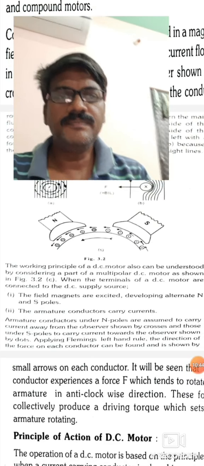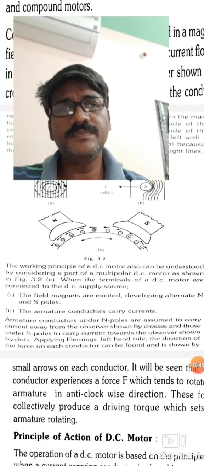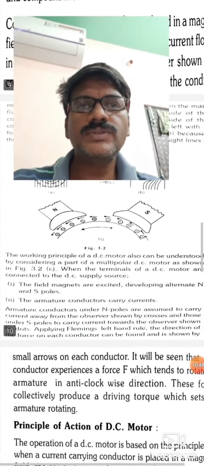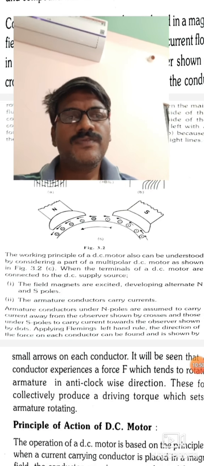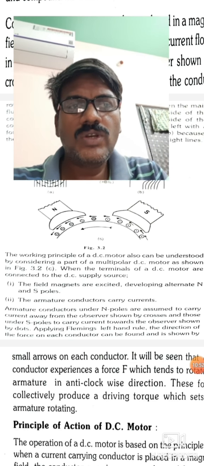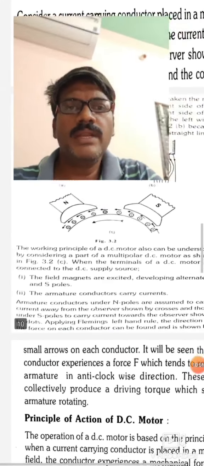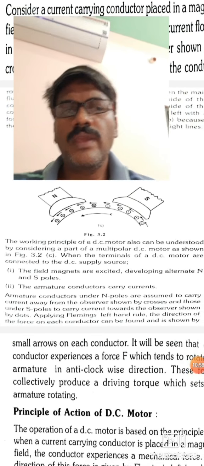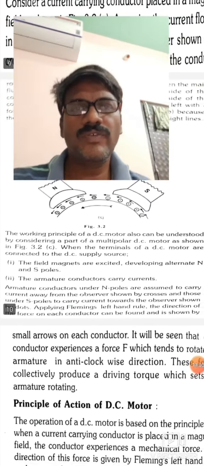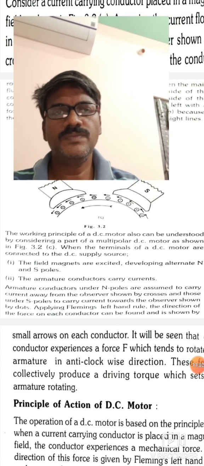So again I will explain with multipoles. The working principle of a DC motor can be understood by considering a part of the multipolar DC motor as shown in figure 3.2.